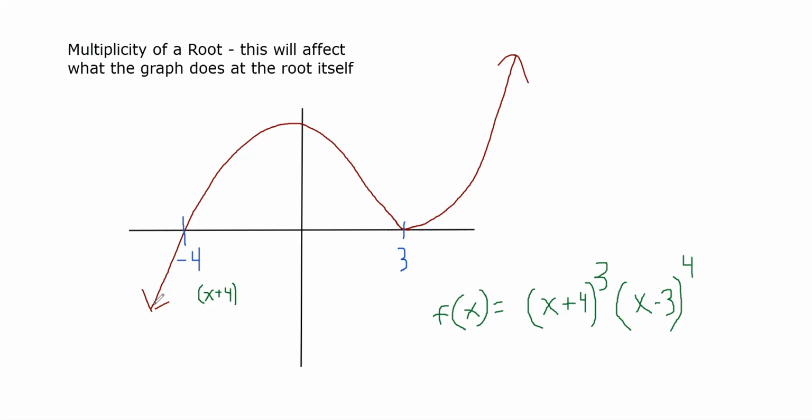What's interesting also is that you can tell from the end behavior test that this thing falls to the left but rises to the right, which means that the entire degree of this polynomial must be an odd number because they're going in opposite directions, and it has to have a positive lead coefficient because it's rising to the right. So just kind of an interesting thought to keep in mind. Of course, with it written like this, x plus 4 would add 3 to the degree and the other factor would add 4.